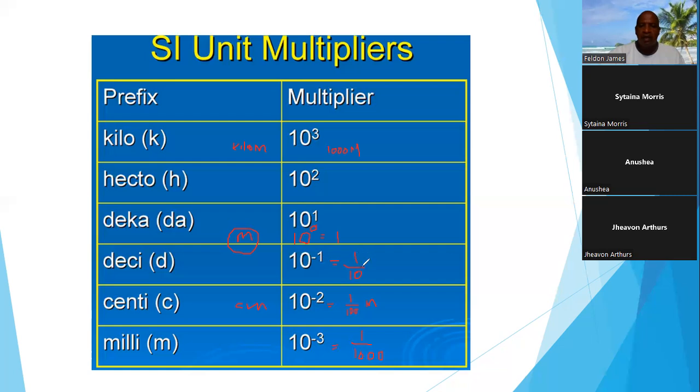When you're using fractional parts like deci, centi, and milli, those powers are negative, right? If you're moving up now for deca, that means the meter is now times 10. So a decameter would be 10 times a meter.